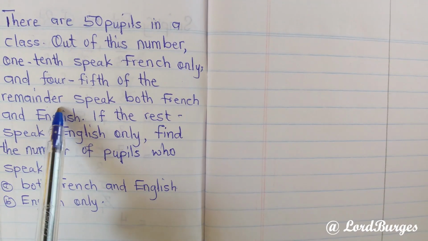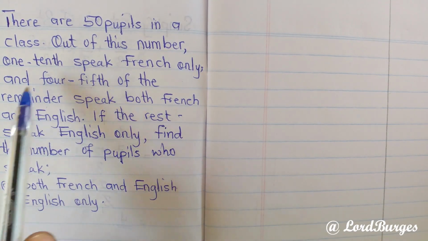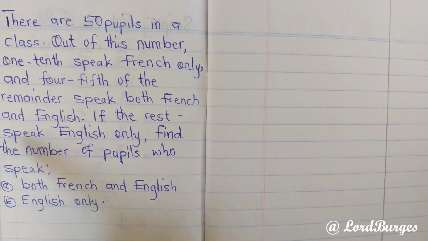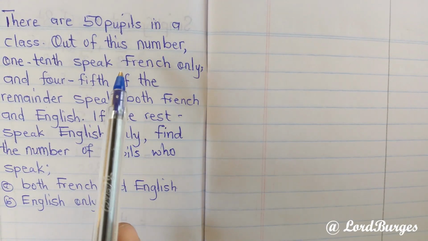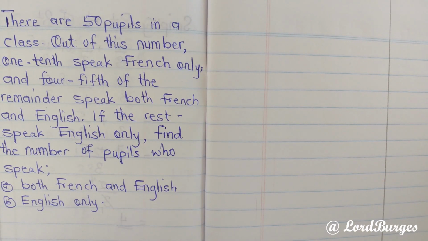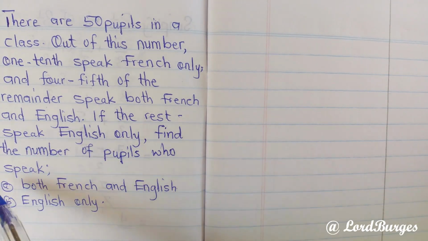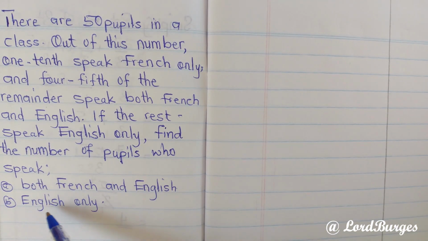Now with the remainder, we will look for 4/5 of the remainder. That is giving us people who speak both French and English. Then now that we know French only and both French and English, we can find English only. That is the basic approach.